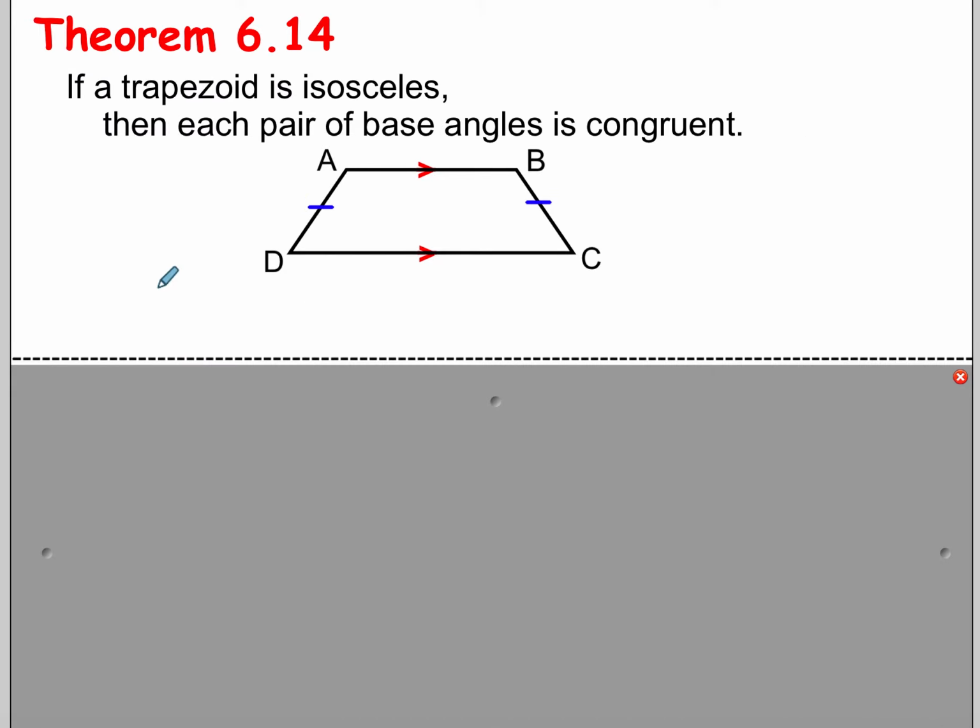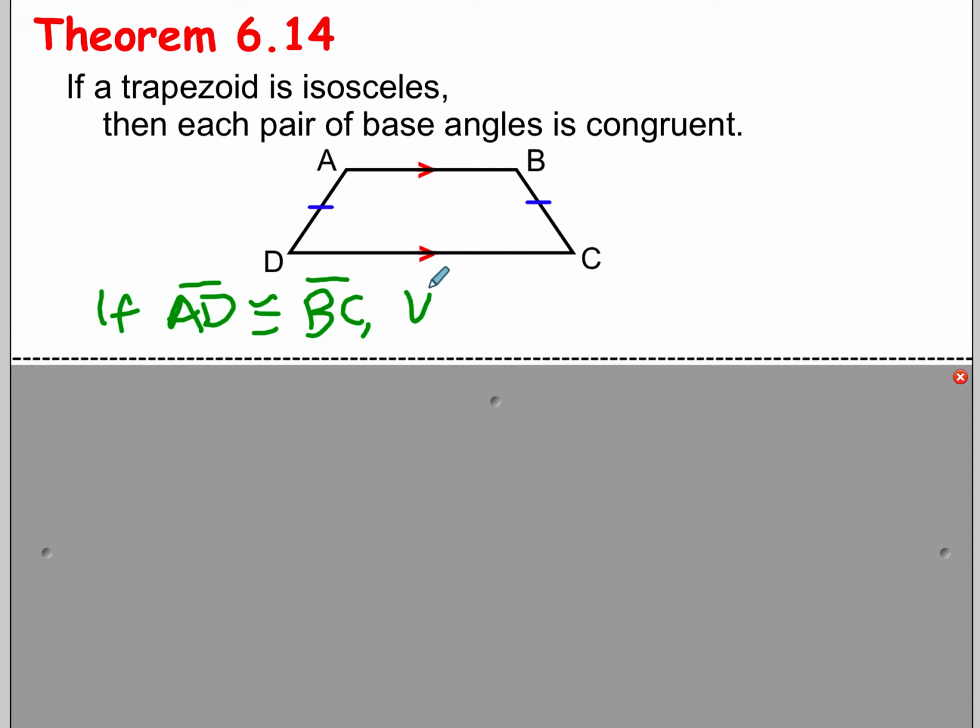Moving along. If a trapezoid is isosceles, then one thing that we know to be true is that each pair of base angles is congruent. So we're going to write that out. If AD is congruent to BC, then each pair of base angles is congruent.